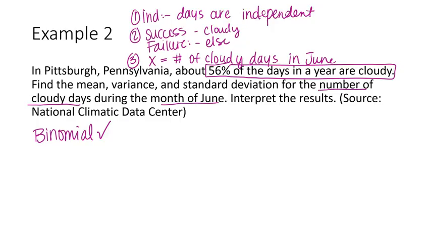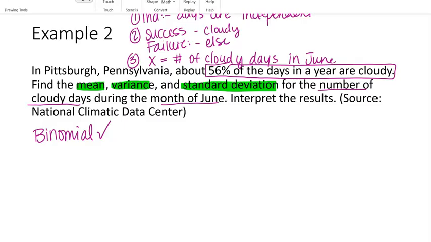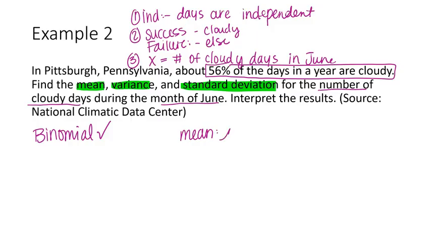Because I'm binomial, I have a direct shortcut to mean, variance, and standard deviation. My mean, remember that's the one labeled mu, is equal to n times p. So n, how many total days do I have? Not just cloudy, but all days.